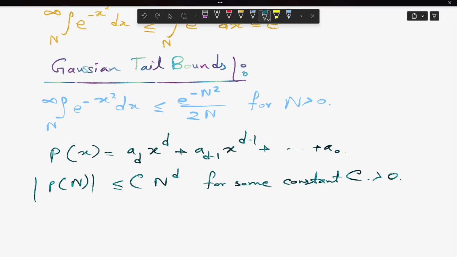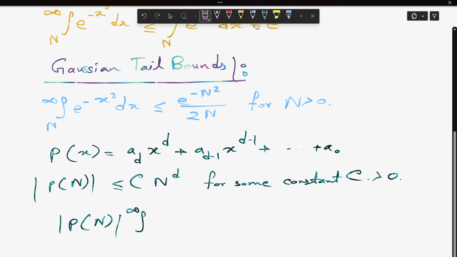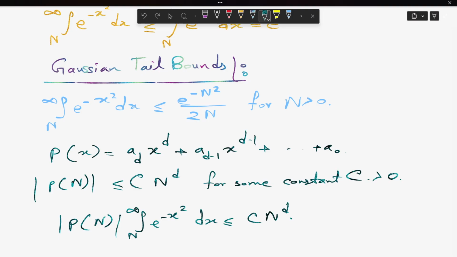Now we multiply P(n) with the integral which we got here. We get the modulus of P(n) times the integral from n to infinity of e to the power minus x squared dx, which is less than or equal to c n to the power d times e to the power minus n squared by 2.